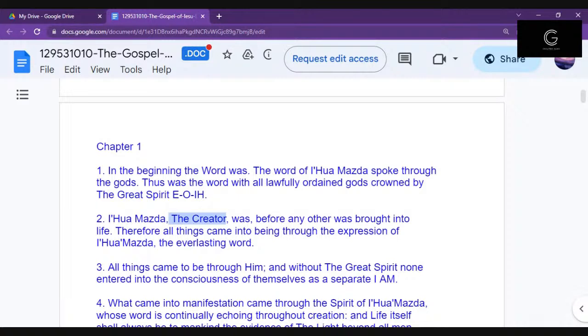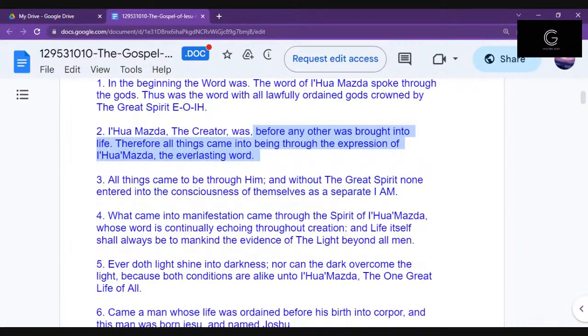Ahua Mazda, the creator, was therefore before any other was brought into life. Therefore, all things came into being through the expression of Ahua Mazda, the everlasting word. All things came to be through him, and without the great spirit, none entered into the consciousness of themselves as a separate I am.